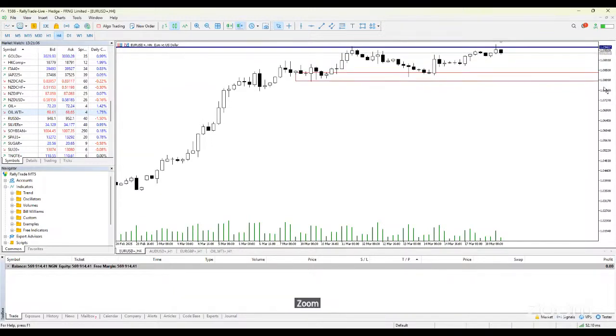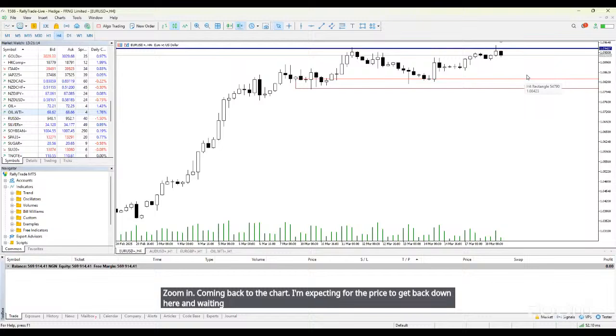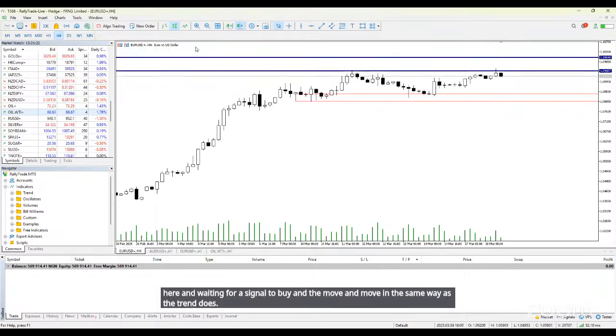Coming back to the chart, I'm expecting the price to get back down here and waiting for a signal to buy and move in the same way as the trend does. Now, this would be one of the strategies.